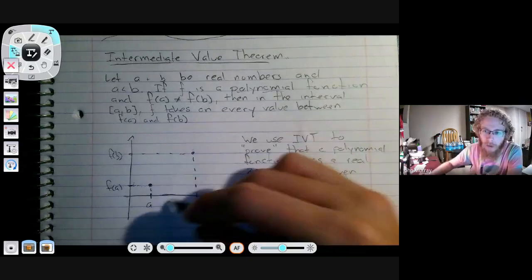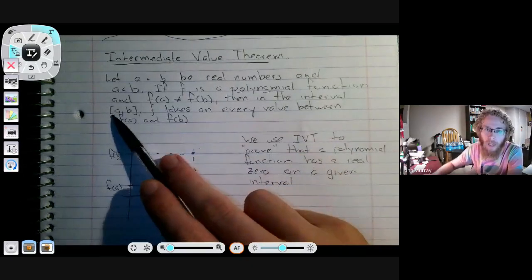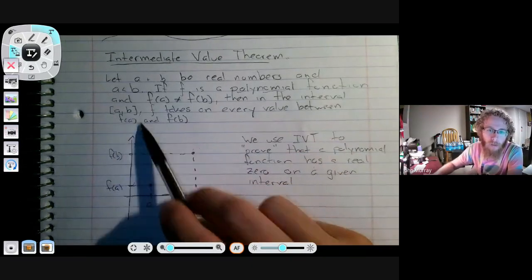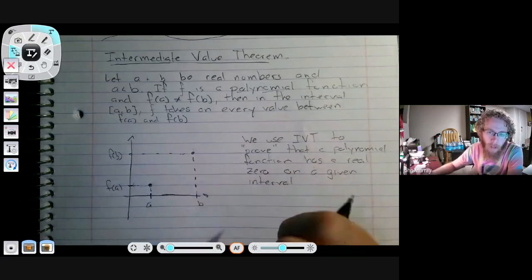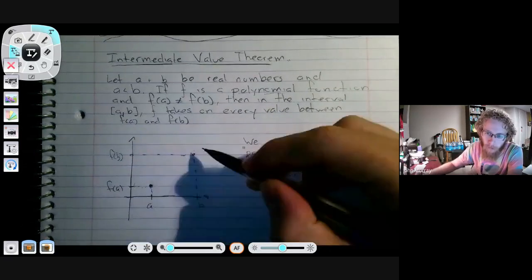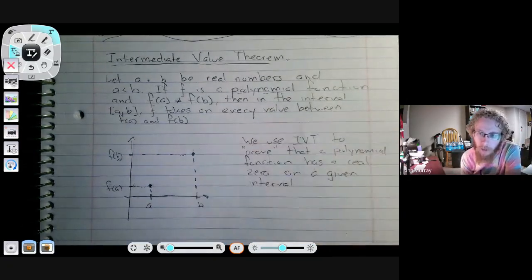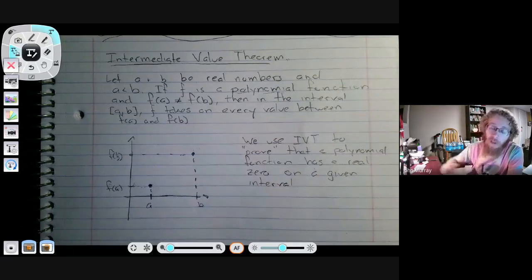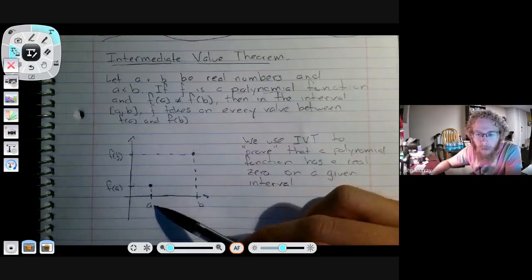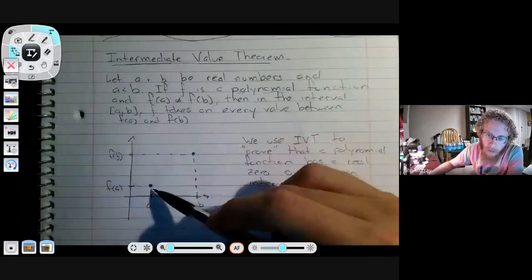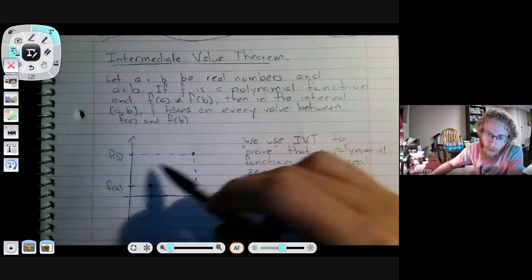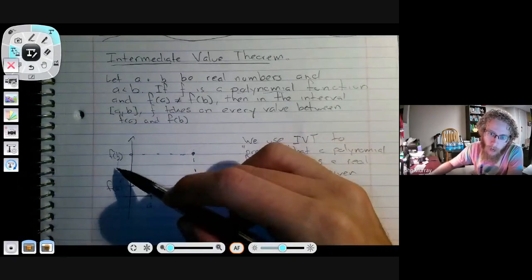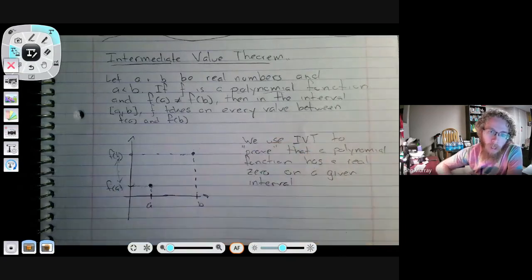Okay, so here this is our interval, a to b. Okay, it's a closed interval. So, remember, that means we have equal here, right? Closed dots. So they're saying as long as we have a polynomial, then from a to b, we are going to cover everything in between f of a to f of b.